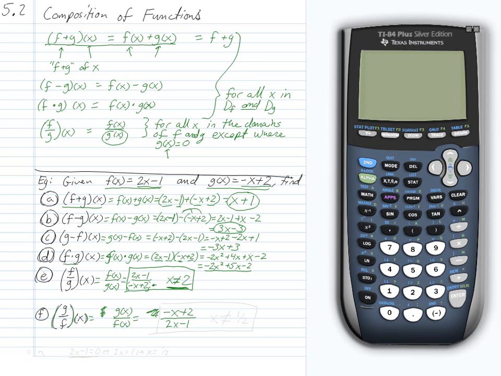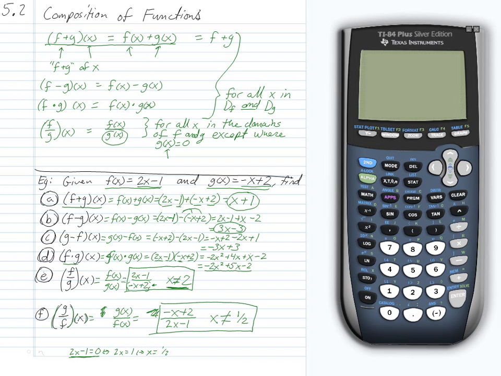Now what's the restriction here? Well, if we look at the denominator, if 2x minus 1 equals 0, that's because 2x equals 1, that's because x equals a half. So that's what we don't want to have happen. So x cannot be 1/2. And that is the name of that function.